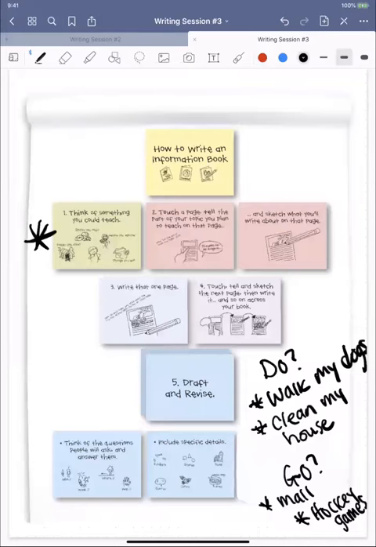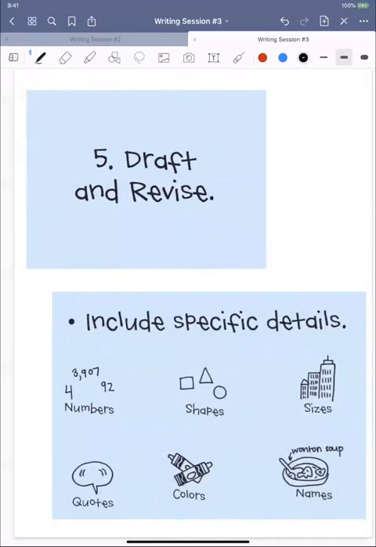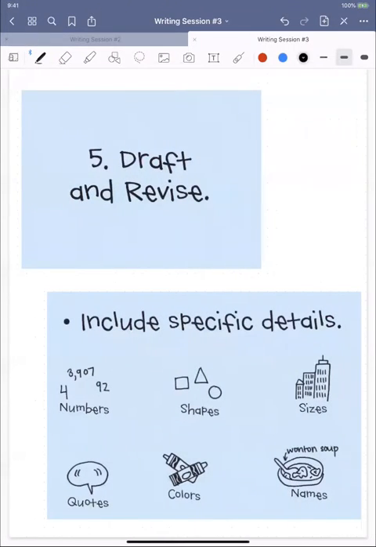Okay, so now that you're back with me, you should have some ideas written down about things that you do or places that you go. So now, writers, I have a tip for you. And I'm sure you've heard this before, but it's one that you'll always want to remember. Today, I want to teach you that it's really important to write and to revise with details.